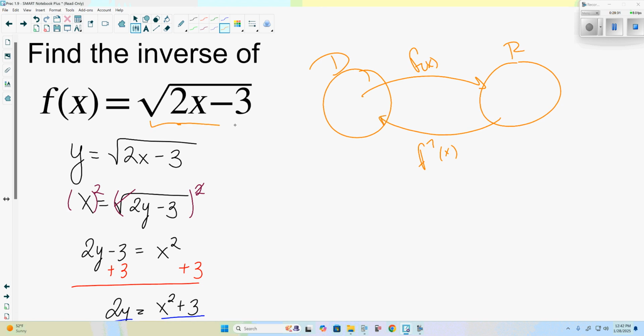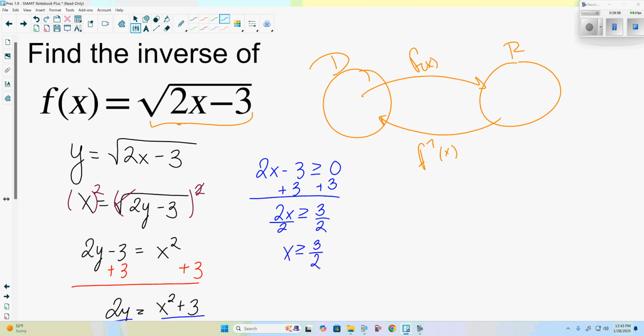Now, for us here, the square root of 2x minus 3, for even roots, what's inside the radical cannot be negative. So what that means for us is that 2x minus 3 has to be greater than or equal to 0. And if we solve this here, x has to be greater than or equal to 3/2.